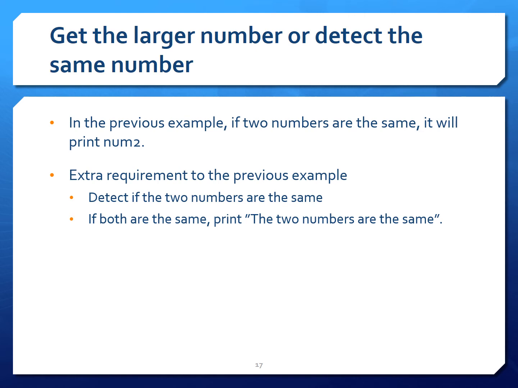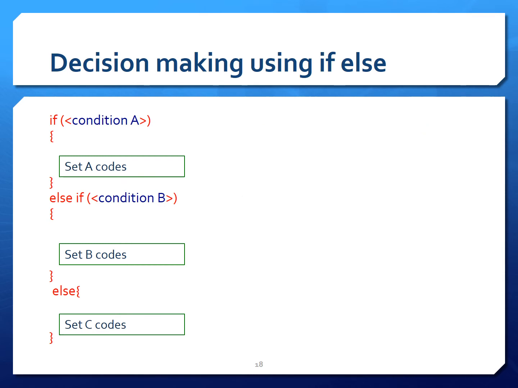To achieve this requirement, we need to add in one more condition in the code. In this if and else construct, we add in one more if condition with condition B. If the first condition is true, set A codes will be executed.